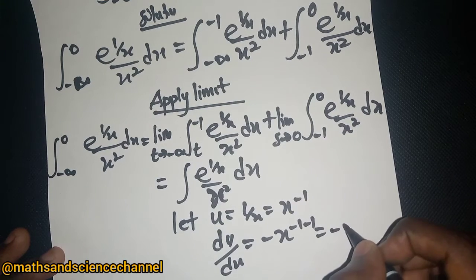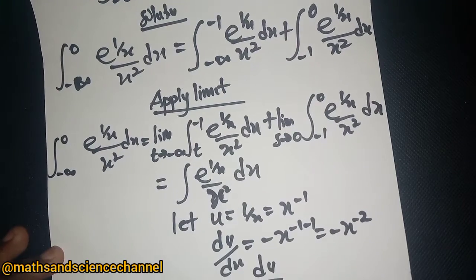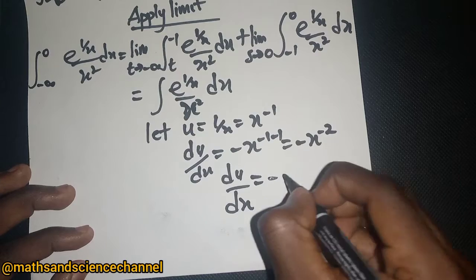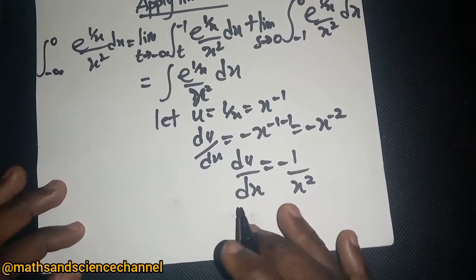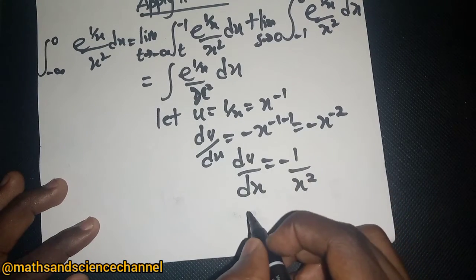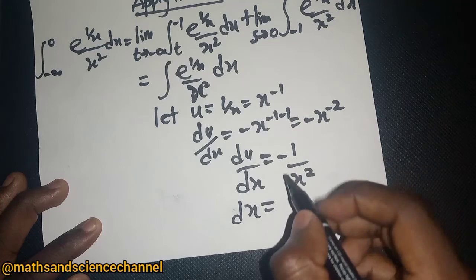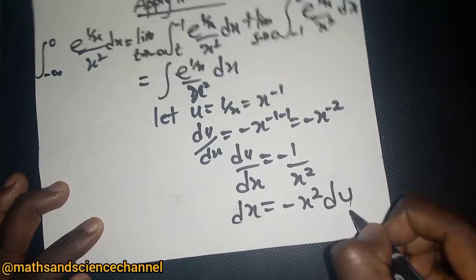So we have du equal to negative 1 over x squared dx, and therefore dx will be negative x squared du.